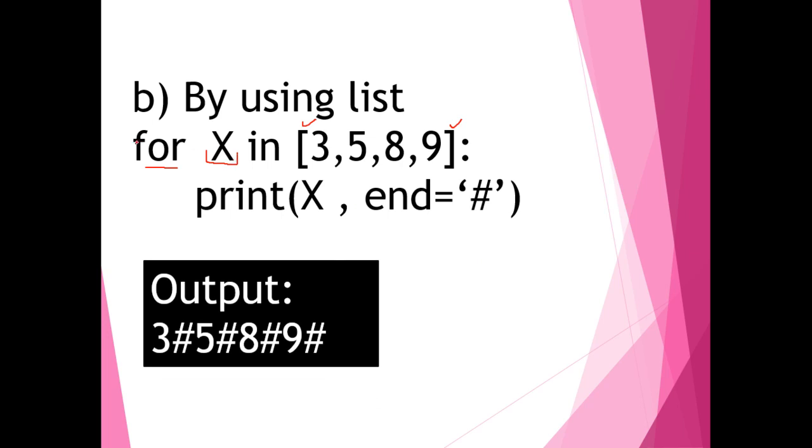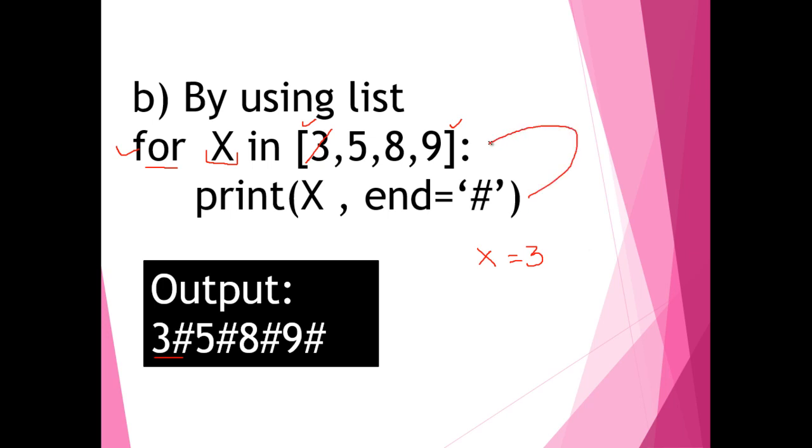When the control comes to this for loop, first of all x के अंदर वैल्यू जाएगी, that is 3. Okay, so the first value of the list is assigned to the variable x, then it will print the value of x, that is 3, and at the end it will print the hash symbol. So this data is printed.